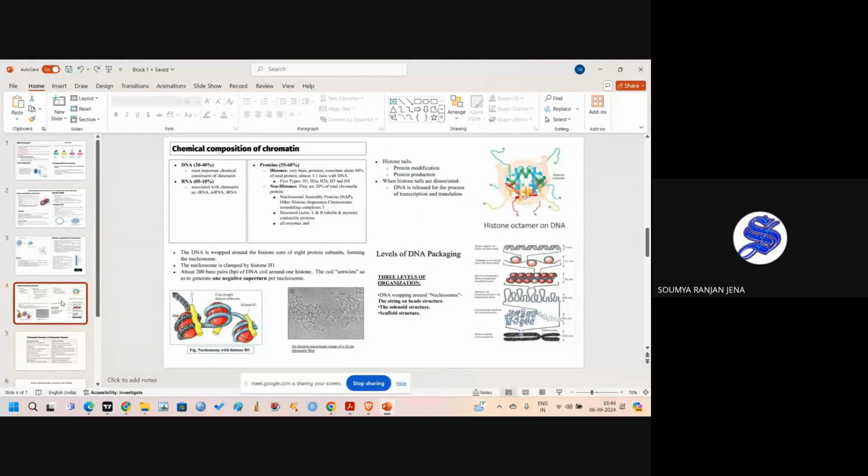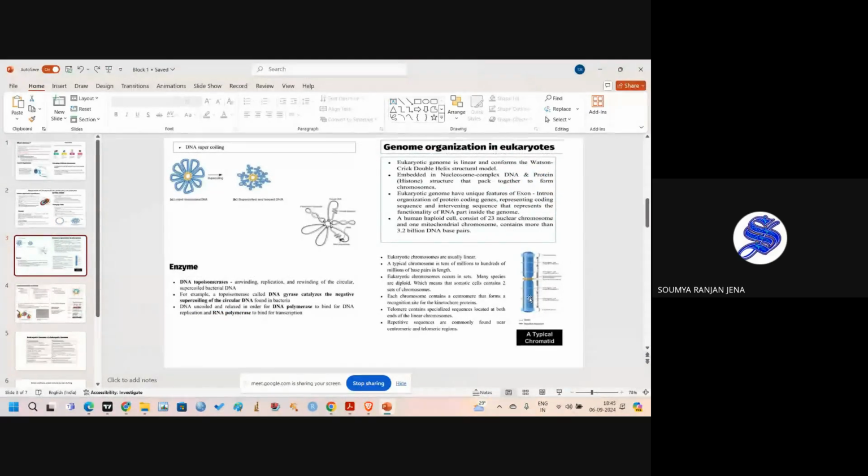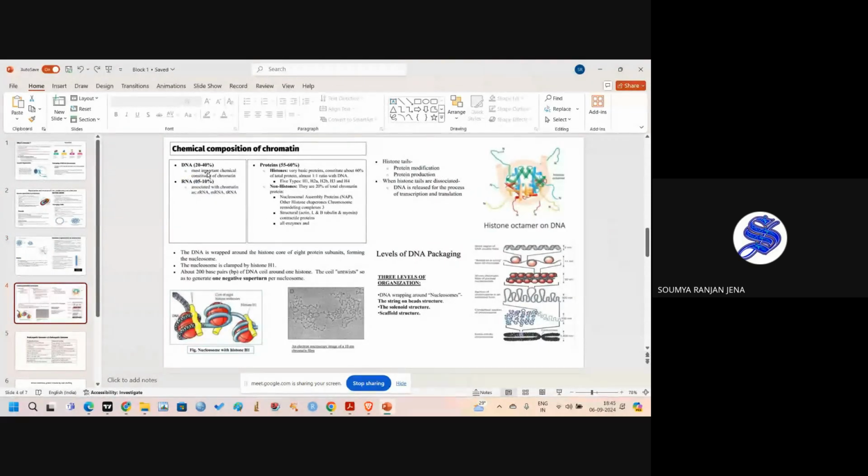Then if we go to the chemical composition of chromatin, we can find DNA is 20 to 40%, the most important chemical constituent of the chromatin, and RNA is 5 to 10% associated with chromatin, such as rRNA and other RNAs.